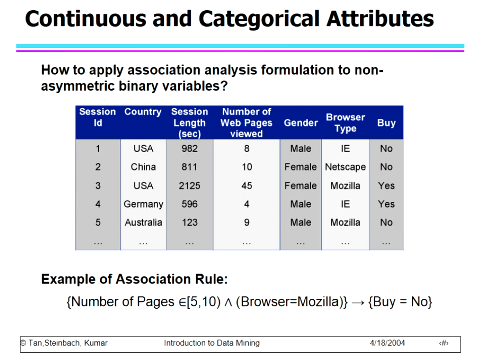If we have continuous and categorical attributes, how can we apply association analysis formulation to this data set? How can we resolve the problem of continuous attributes and categorical attributes?